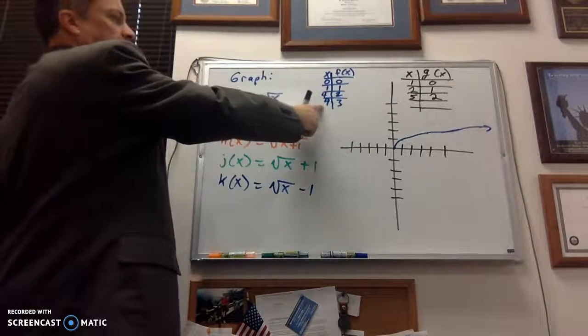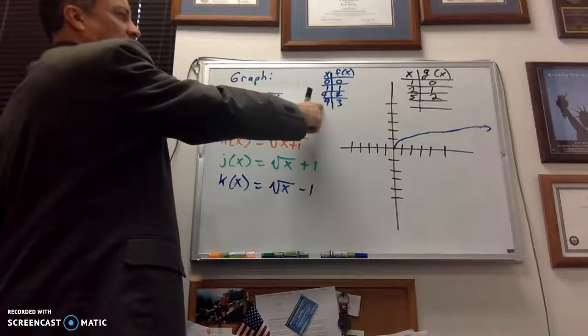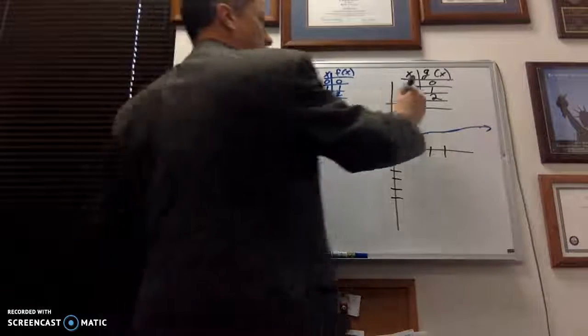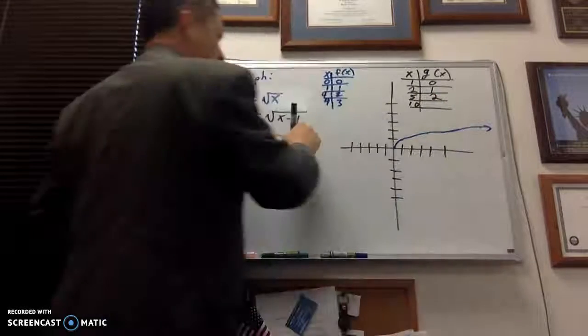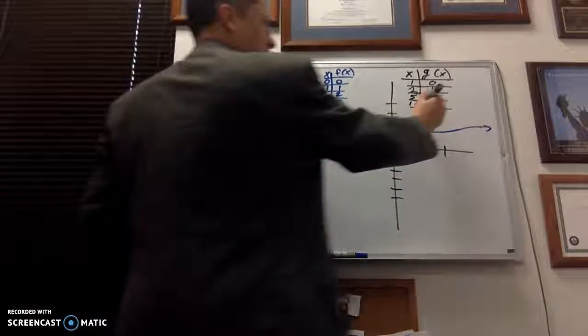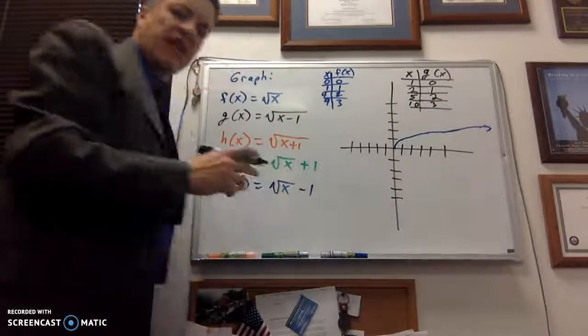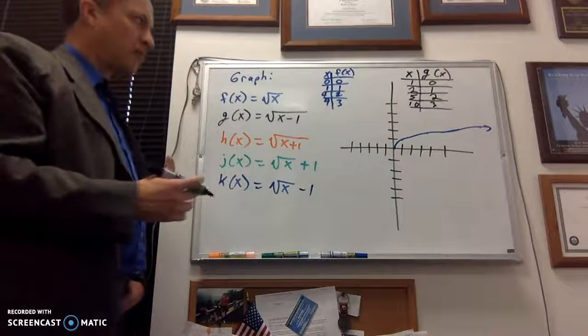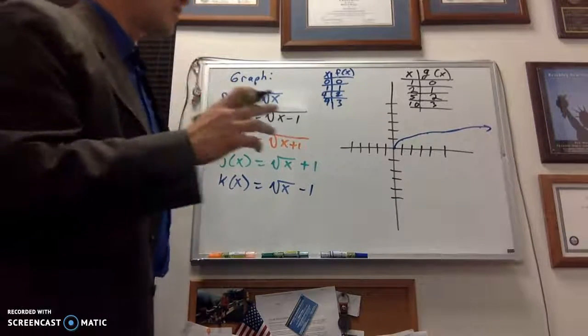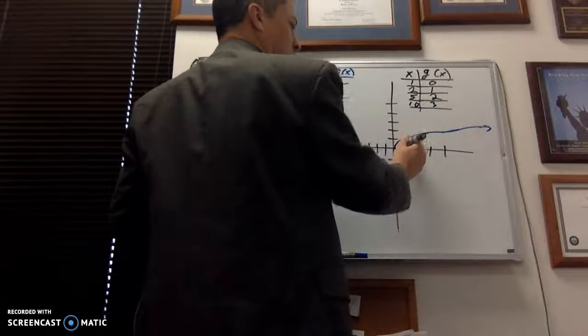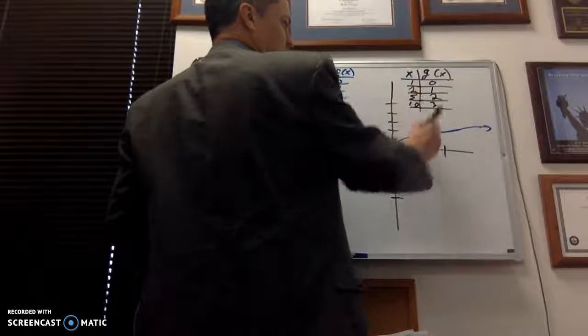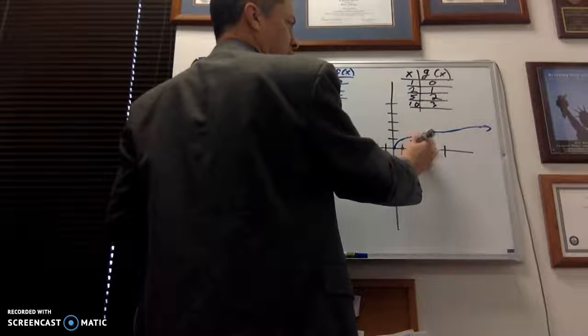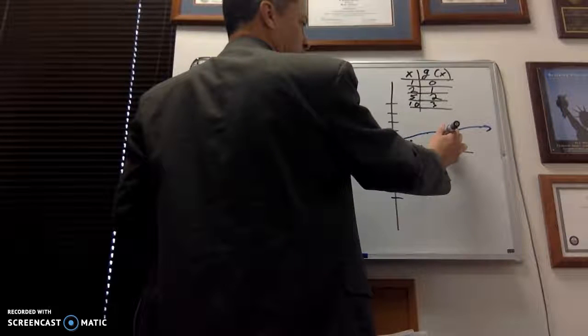So let's look at this guy. My 9, we're changing it to 10, right? 10 minus 1 is 9. Square root of 9 is 3. So my x values are going up one value. Let's plot these guys now and see what's happening. I'm going to plot 1, 0, 2, 1, and then 5, 2.